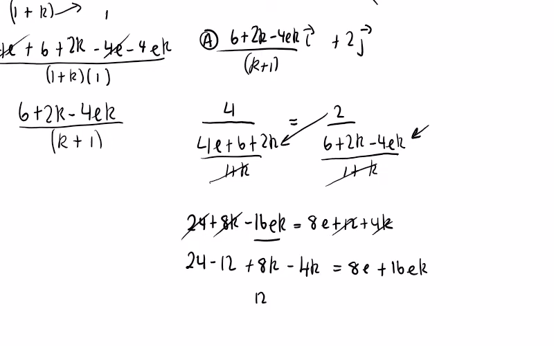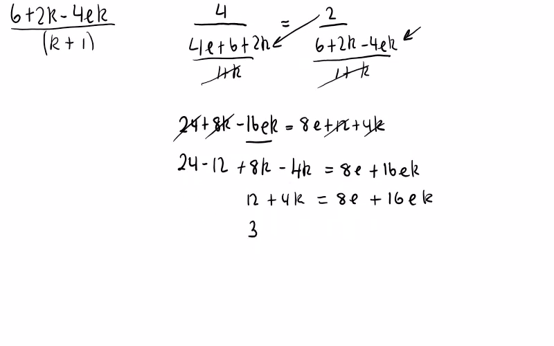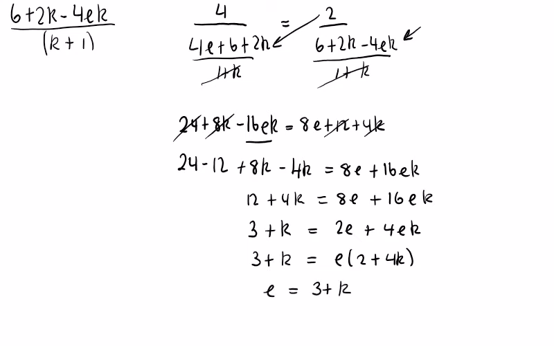So 12 plus 4k is equal to 8e plus 16ek. We may as well divide by 4 to simplify it down. 3 plus k is equal to 2e plus 4ek. That's e times 2 plus 4k. So we have e now. e is 3 plus k divided by 2 plus 4k.